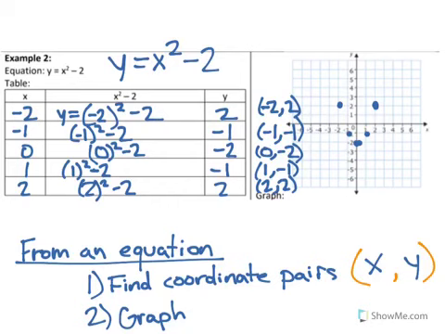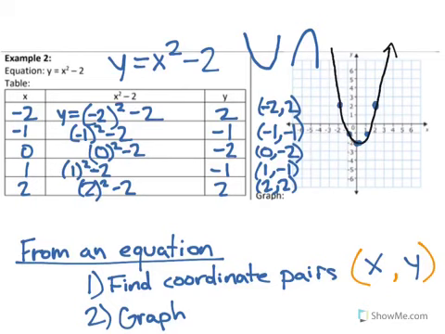And when you see this in the function, that tells you that we're either going to have a graph that looks like a U or like an upside down U. Looking at the graph, it looks like we have a right side up U, like that one there. So we're going to go ahead and graph that like this.